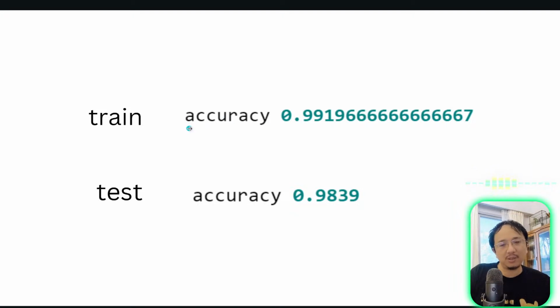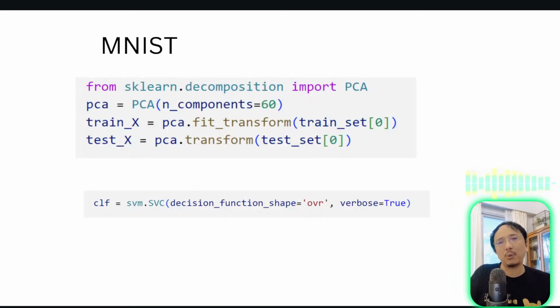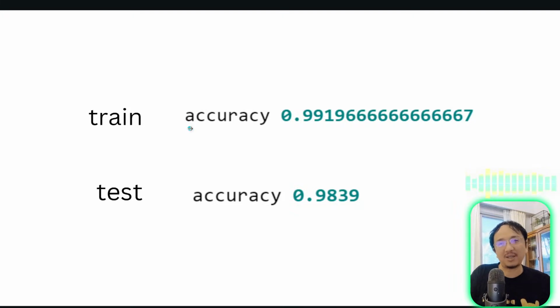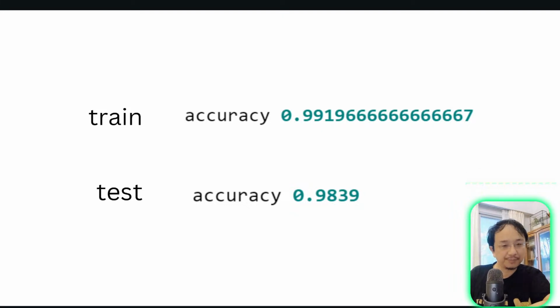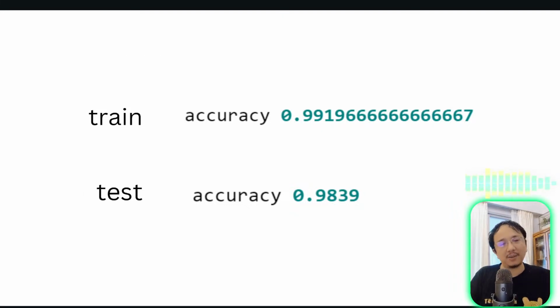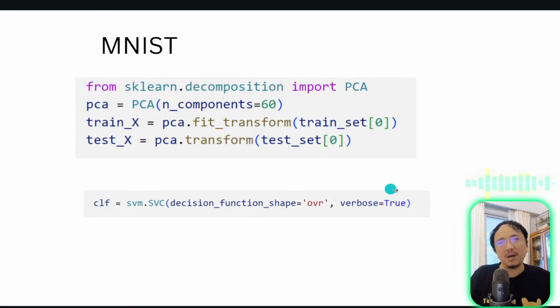If you do what we did right here, the training is pretty fast and the accuracy is good. We got 98.39 percent accuracy. In fact, it can achieve more if you do a lot of adjustment and tuning, like tuning the PCA, tuning a different C, tuning different decision function shapes, doing a lot of different things.